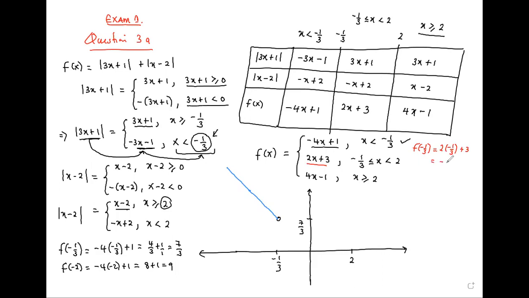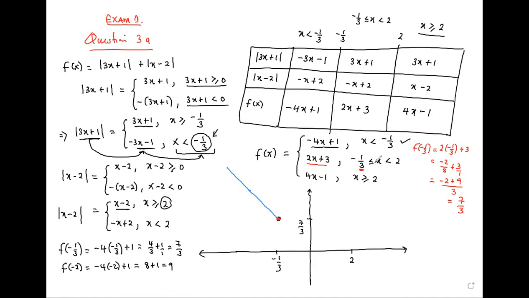This is negative 2 over 3 plus 3 over 1, which is negative 2 plus 9 over 3, giving us 7 over 3. So go back now and close here, because this negative 1 over 3 we have used is included in this interval. So I have no option but to close what was open.